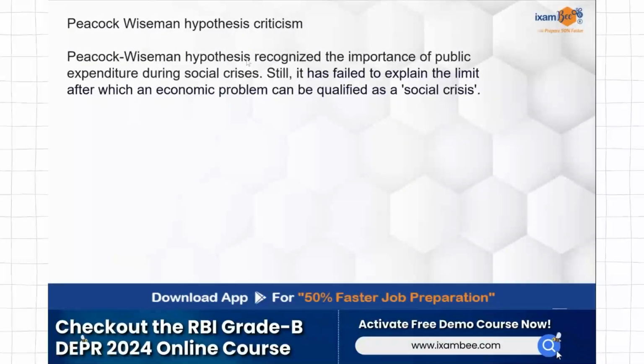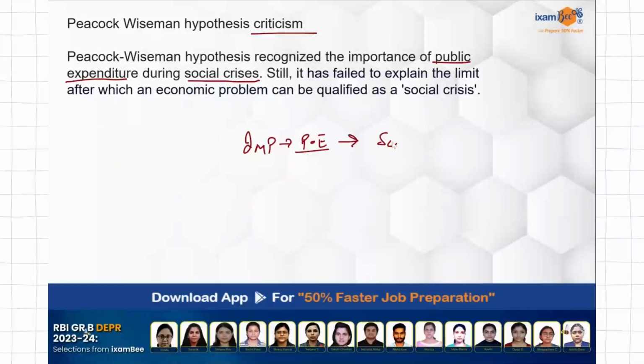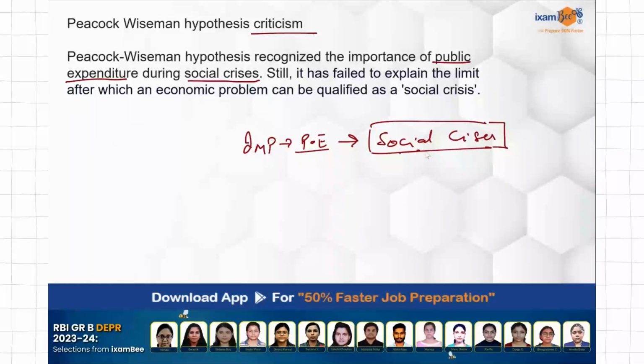Then we have the criticism of the Peacock-Wiseman hypothesis. Let me tell you the definition and the criticism. The Peacock-Wiseman hypothesis recognizes the importance of public expenditure during a social crisis. But the criticism is that when there is a social crisis, we are not very sure.